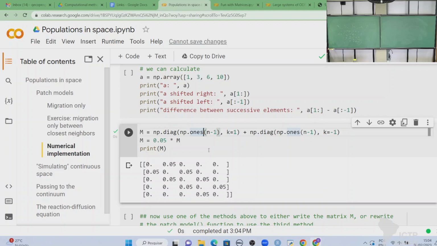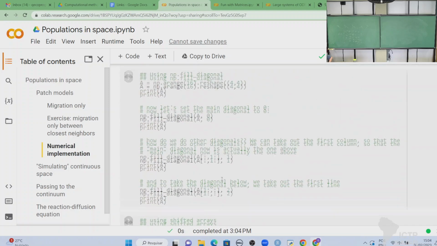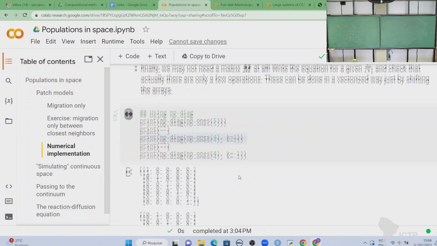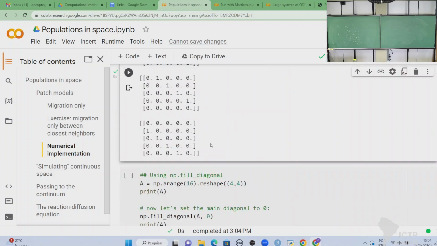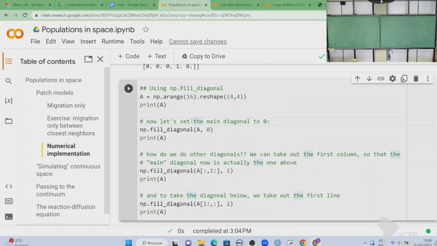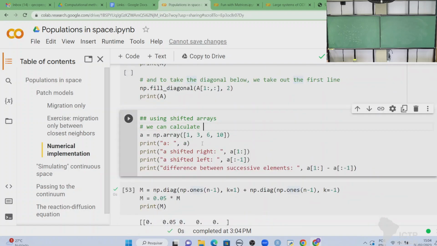Okay, so I suggested here 2 different ways, okay? Besides using this function, I could also use fill diagonal, but then I have to do some trick, cutting off some column or some line to get the same effect. And then there's another different way without using matrices, okay?